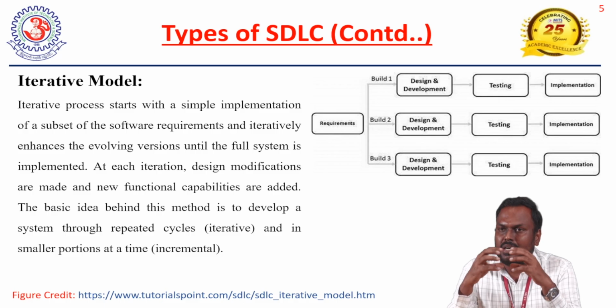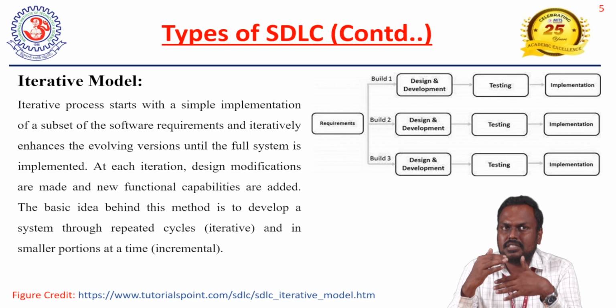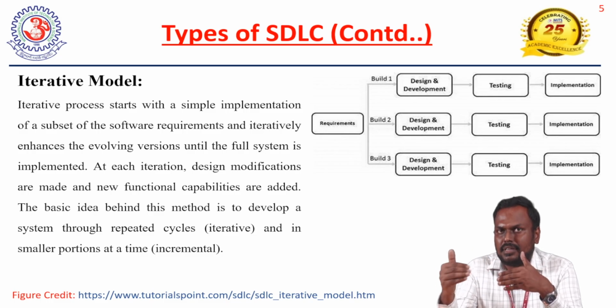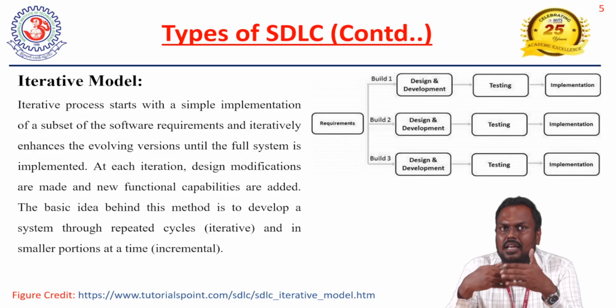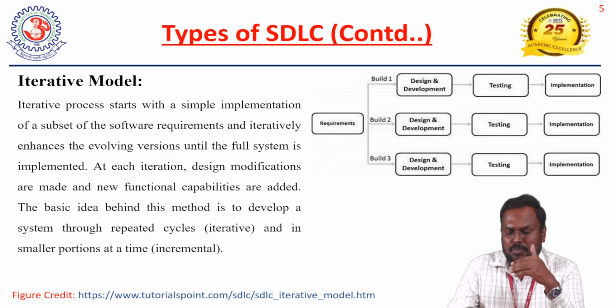Once the first build is ready, then if you want to do an enhancement or add features, you go for the second build, that is the next iteration. Iteration 2 will again design based on the new requirements or add-ons, then you will develop, test and implement. Like this, every time a smaller portion of incremental improvement takes place in the iterative model.